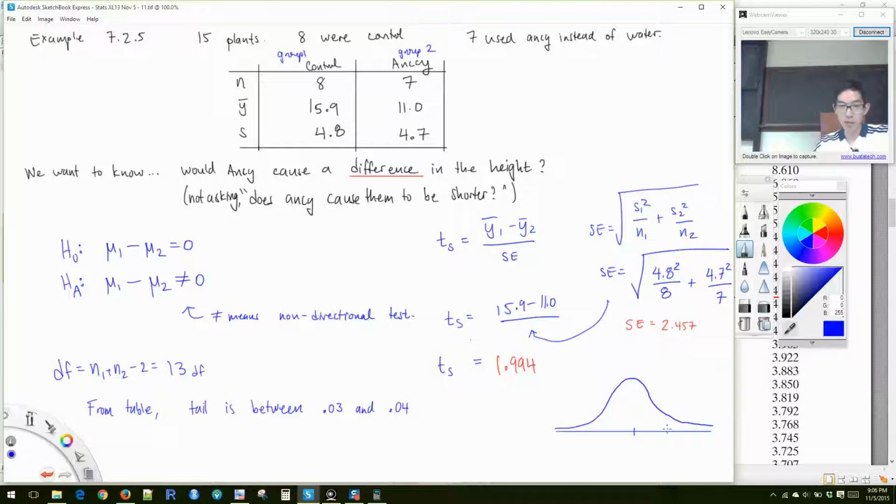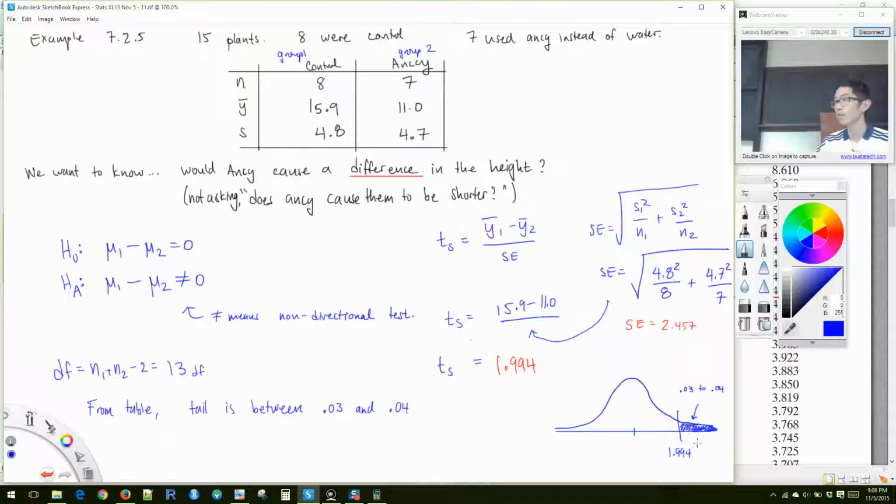And so what this says is that, you know, at 1.994, if we shade everything in the tail, which means basically the part that goes away from the hill in the middle, the amount shaded here is between 0.03 to 0.04. We don't have an exact value. We just know that the amount in this tail is between 0.03 and 0.04.